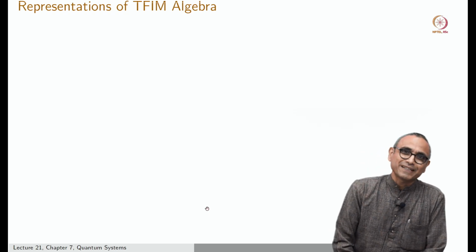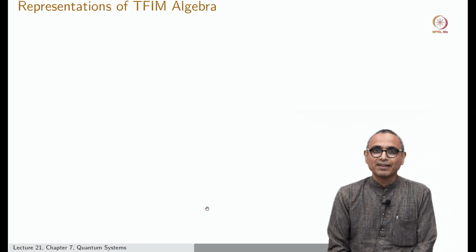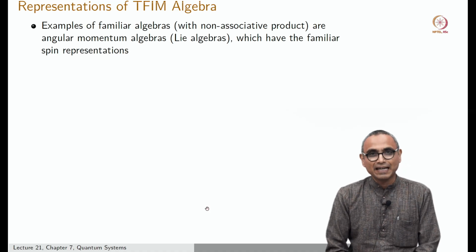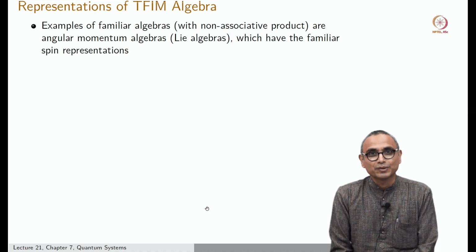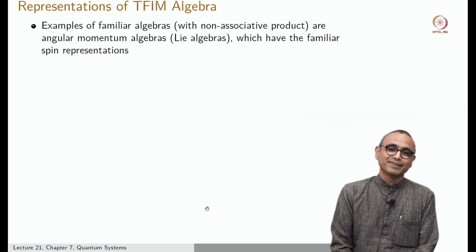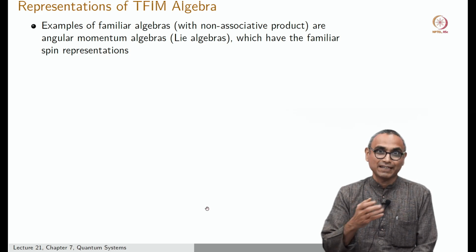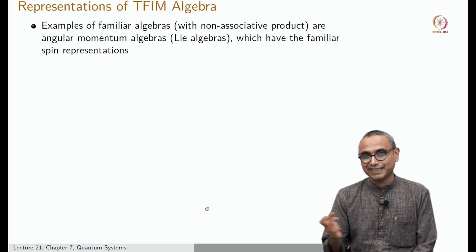So have you seen representations before? And the answer is yes. For example, in your elementary quantum mechanics course, when you studied angular momentum, you said that the angular momentum operators don't commute with each other and they form this algebra, the angular momentum algebra.